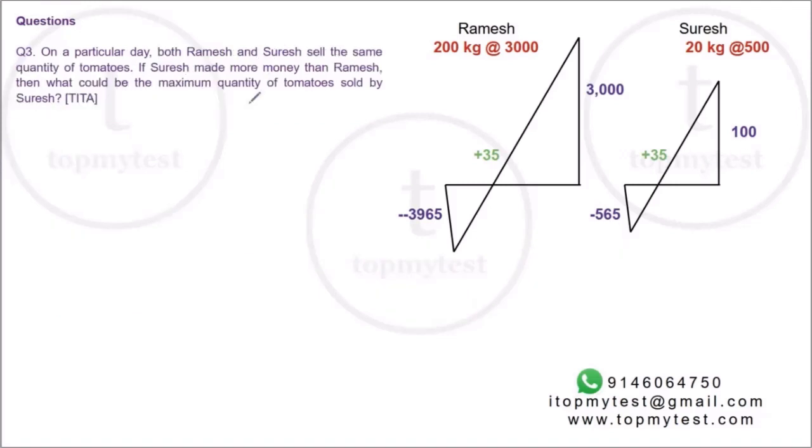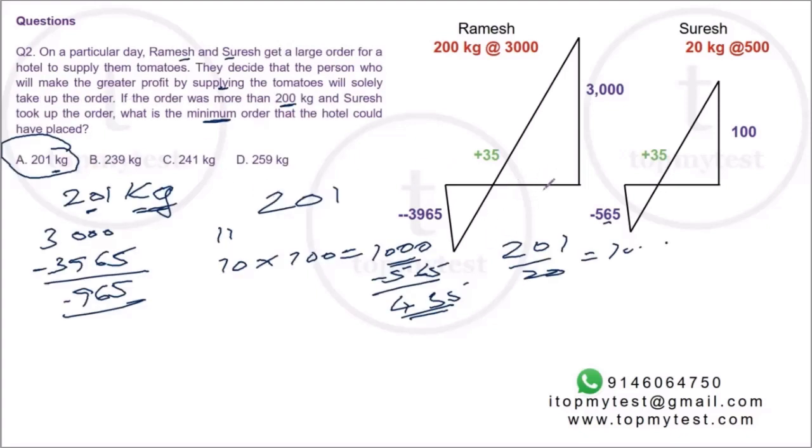Now, question number 3 is very similar to the previous one. On a particular day, both Ramesh and Suresh sell the same quantity of tomatoes. If Suresh made more money than Ramesh, what could be the maximum quantity of tomatoes sold by Suresh? If you look at the previous one, at 200 kilos, Suresh's profit was 100 into 10, which is 1000 rupees, and Ramesh's profit is 3000 rupees.